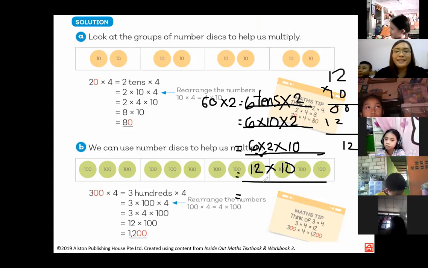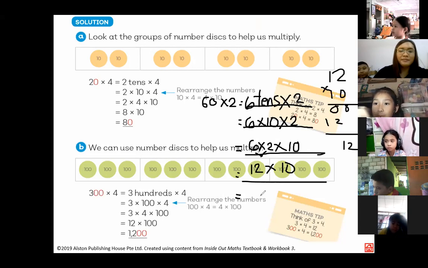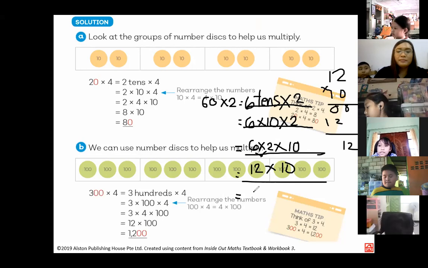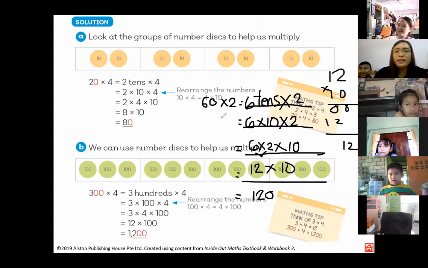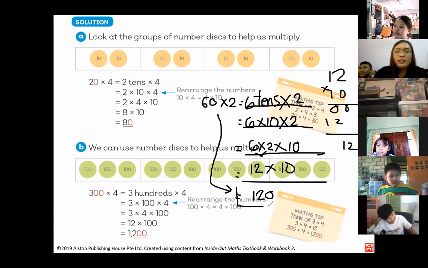Anyone? 120. Okay, so that's 120. So 60 multiplied by 2, that's 120.